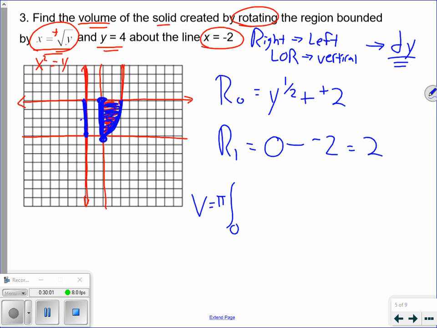So we're going from the lowest point at 0 all the way up to that horizontal line 4. Of my outer radius, or y to the 1/2 plus 2 squared, subtract my inner radius, or just 2 squared, dy.